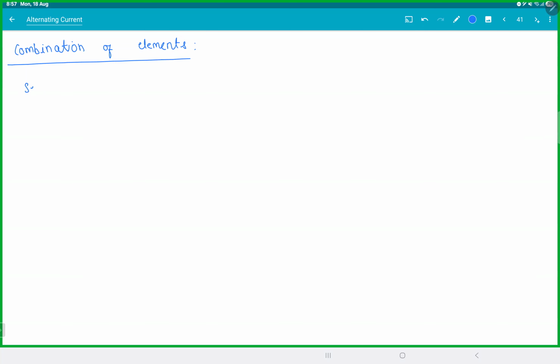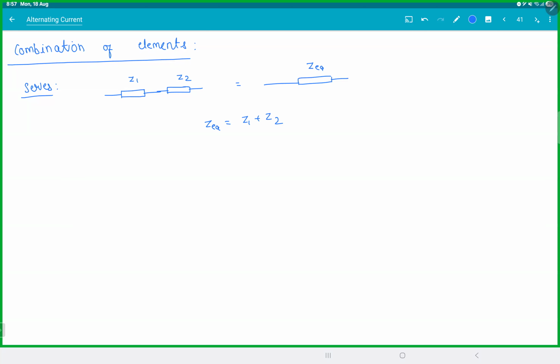Series. So if you have two impedances, now I'll not put a resistor symbol. I'll just put some rectangular boxes, Z1 and Z2. You can replace them with one impedance, Z equivalent. So Z equivalent will be Z1 plus Z2.